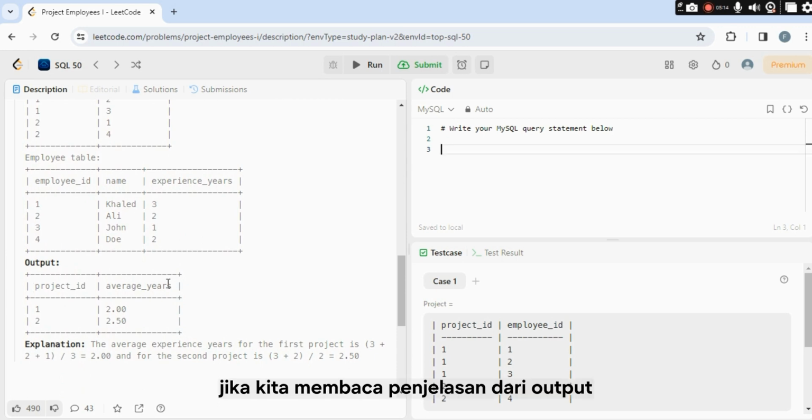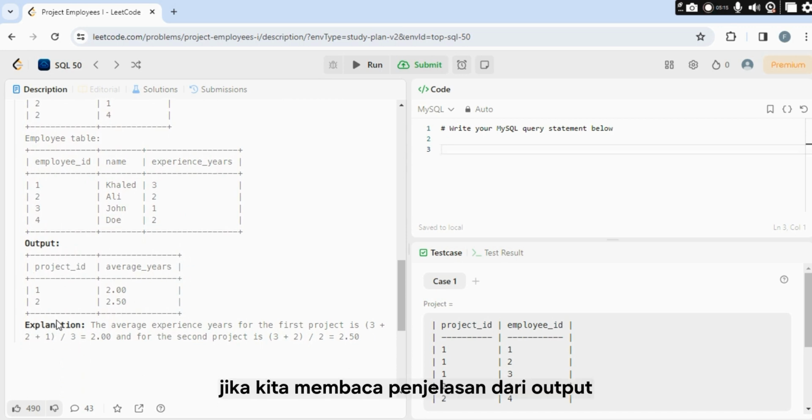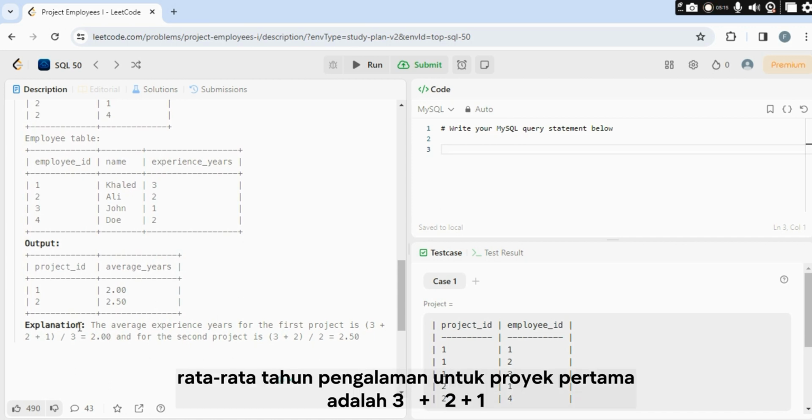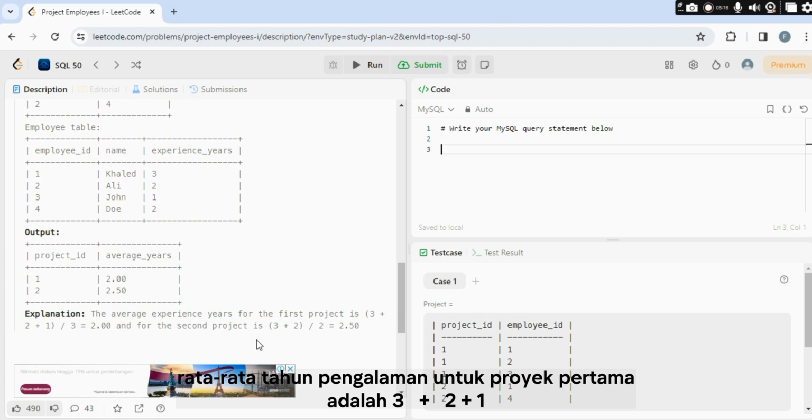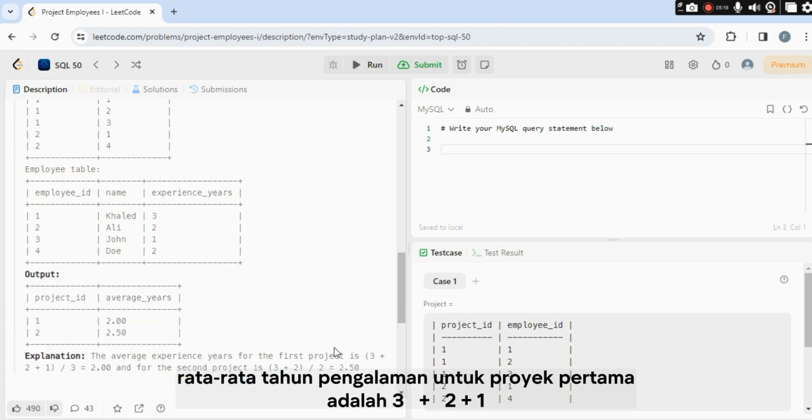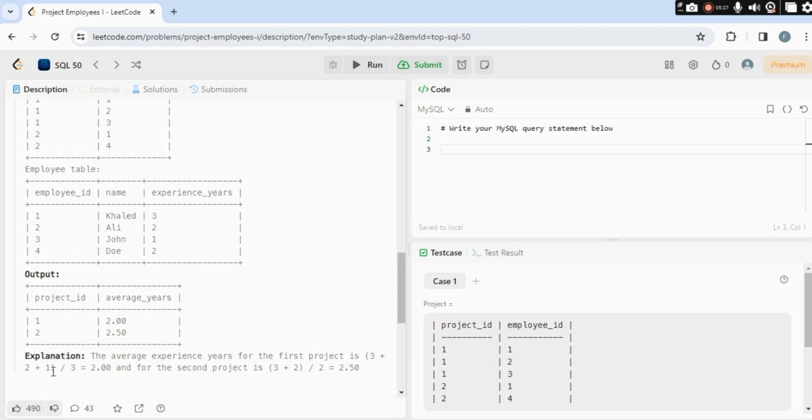If we read the explanation of the output, the average experience years for the first project is 3 plus 2 plus 1 divided by 3, and the result is 2. And for the second project it is 3 plus 1 divided by 2, and the result is 2.5.